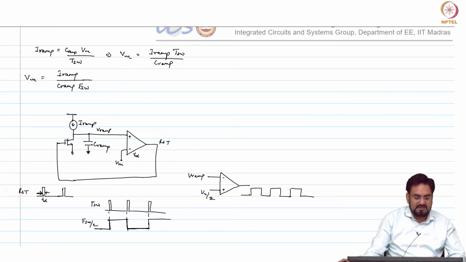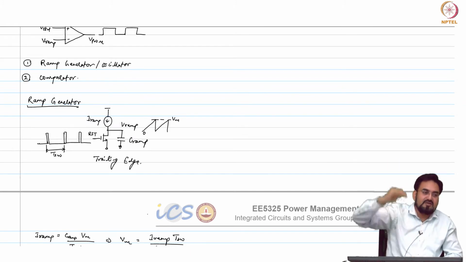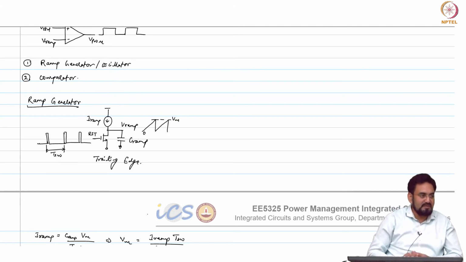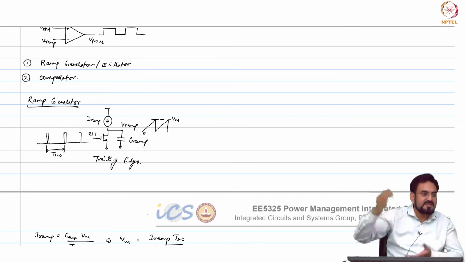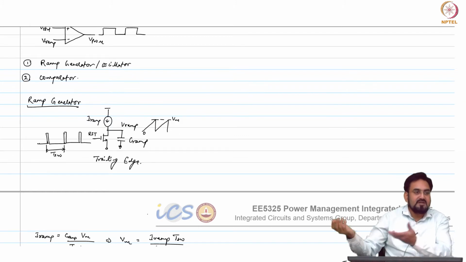In that case this or this, both will work. So, if you are using this kind of ramp generator where you are resetting your ramp to VDD for a leading edge, or for trailing edge you are resetting your ramp to 0 volt, then which one to use you can decide based on where the duty cycle is lying, whether you are always operating below 50% or above 50%.